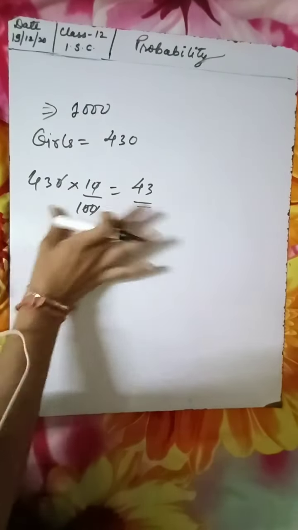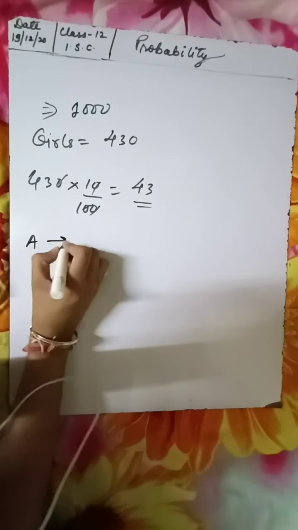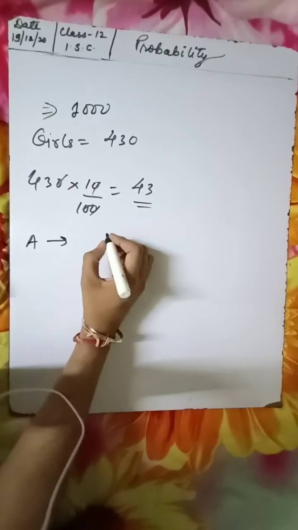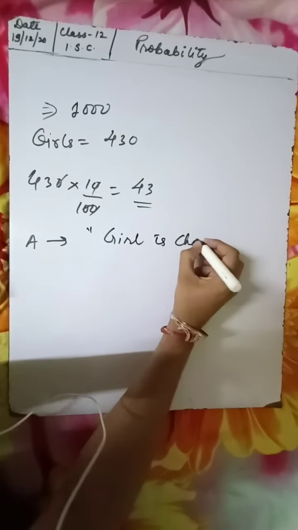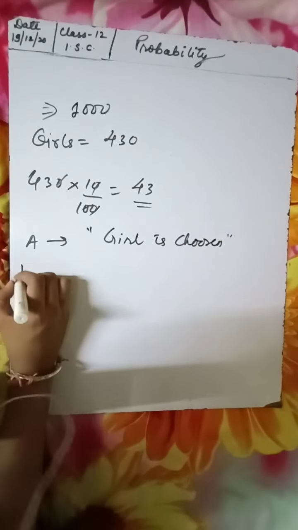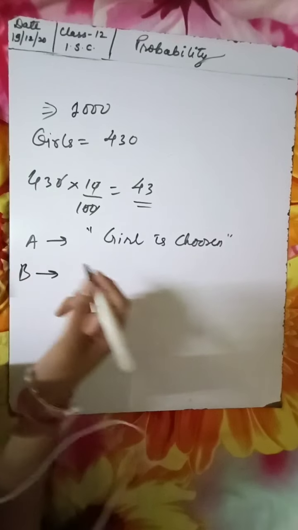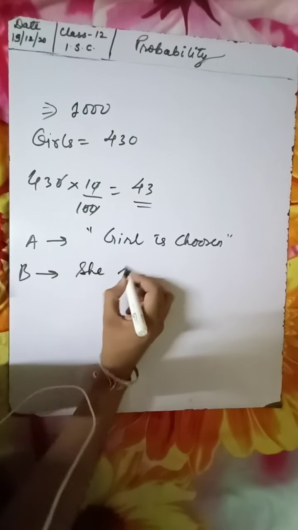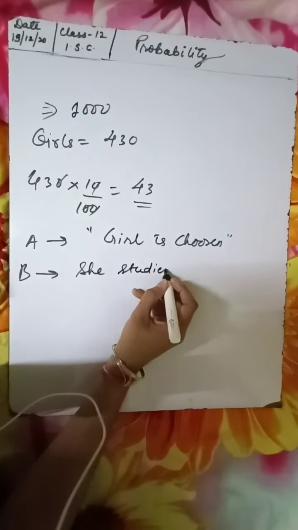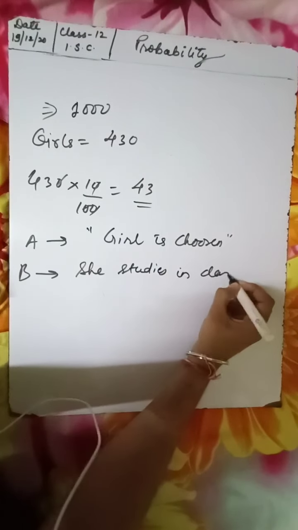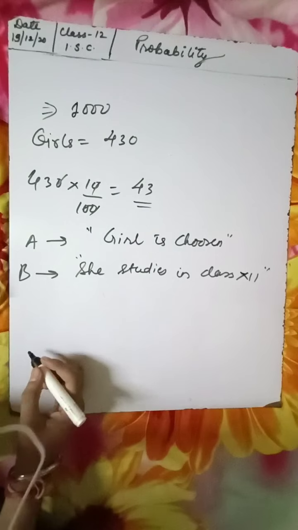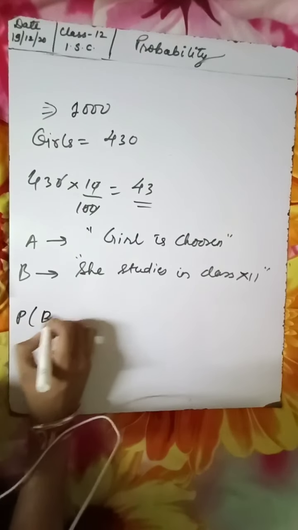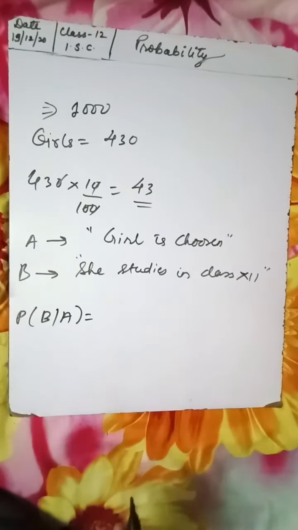Let us consider A as the event that a girl is chosen, and B as the event that she studies in class 12th. So what will be the required probability in this case? Probability of B given A.